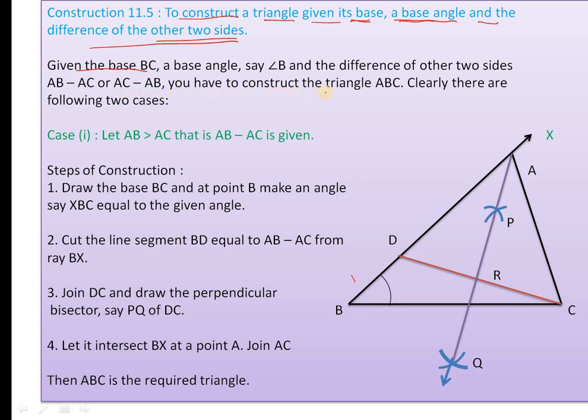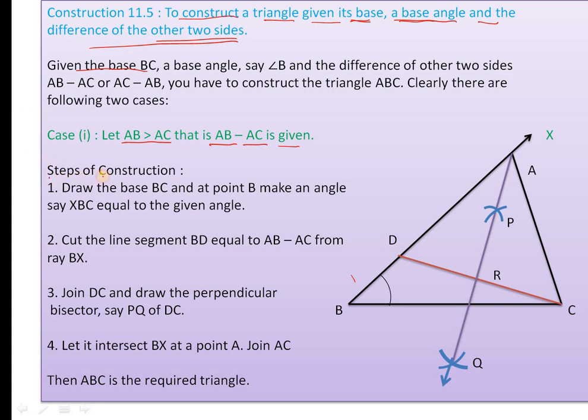You have to construct the triangle ABC. Clearly there are following two cases. Case 1, let AB be greater than AC, that is AB minus AC is given.